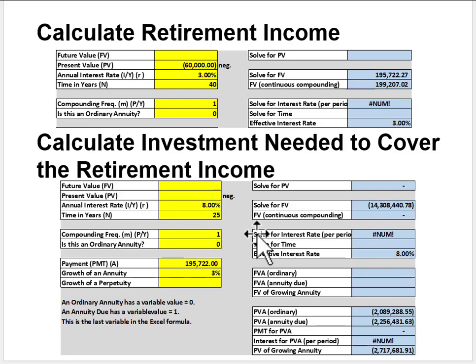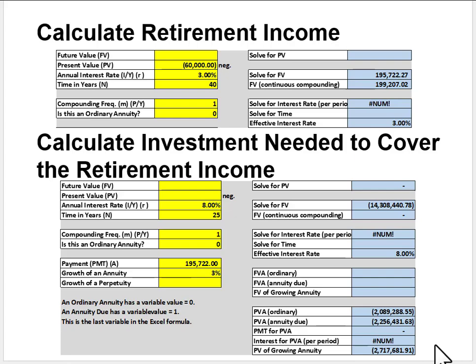When you plug those numbers in, the answers are down here. Between now and you retire, the present value of an ordinary annuity, you need to save roughly $2 million. $2,089,000 odd dollars is what you need to have in your retirement account if you don't care about inflation during retirement. If you want to cover predicted inflation of 3%, you actually need to save $2.7 million.